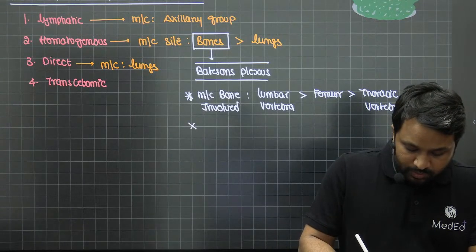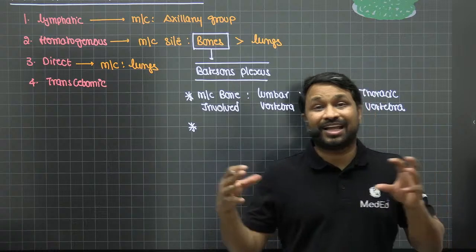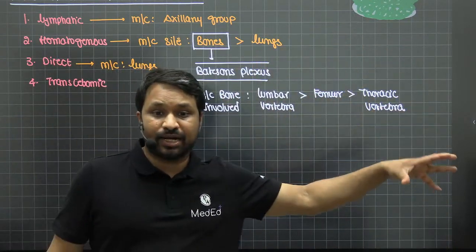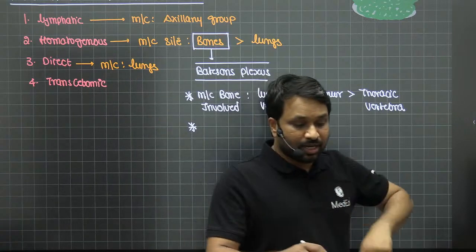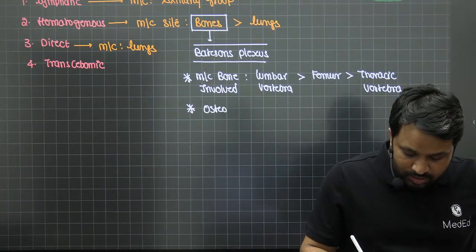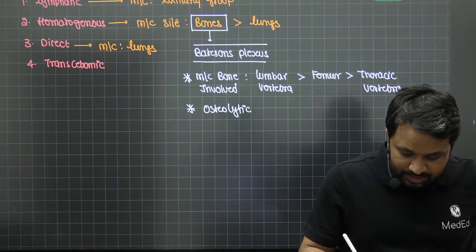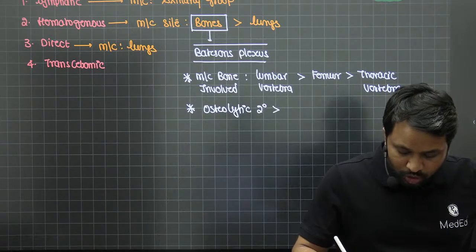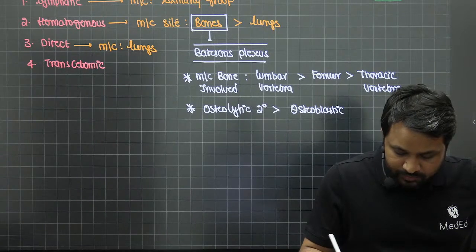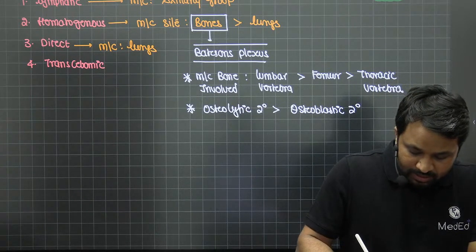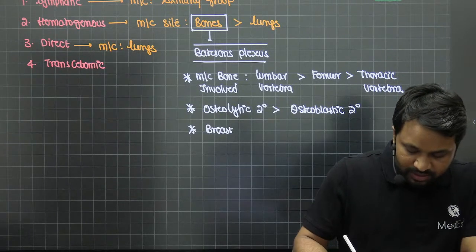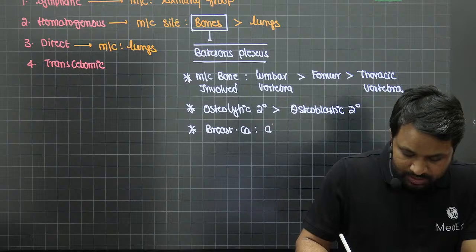Now, when you talk about the types of secondaries in bones, you have two types. One is osteoblastic secondaries, another one is osteolytic secondaries. Here in breast cancers, you can see both. Remember, osteolytic secondaries are more common when compared to osteoblastic secondaries. Because osteolytic secondaries are more common, breast cancer is usually associated with pathological fractures.